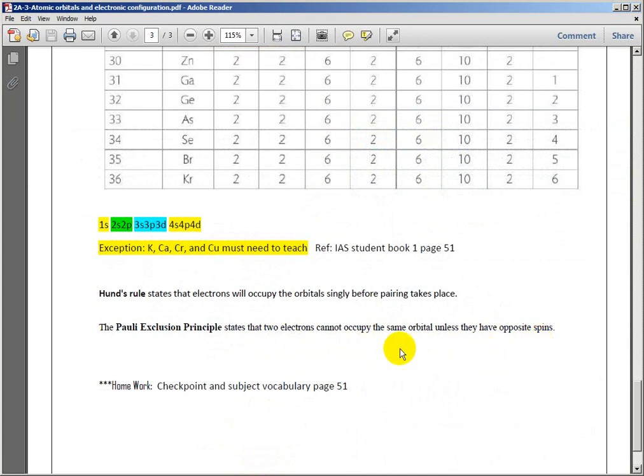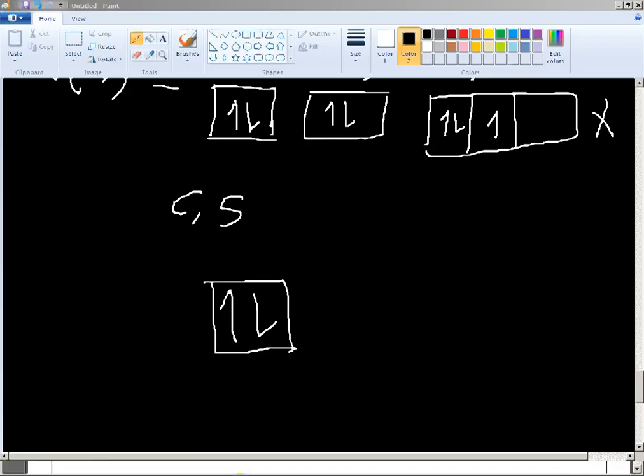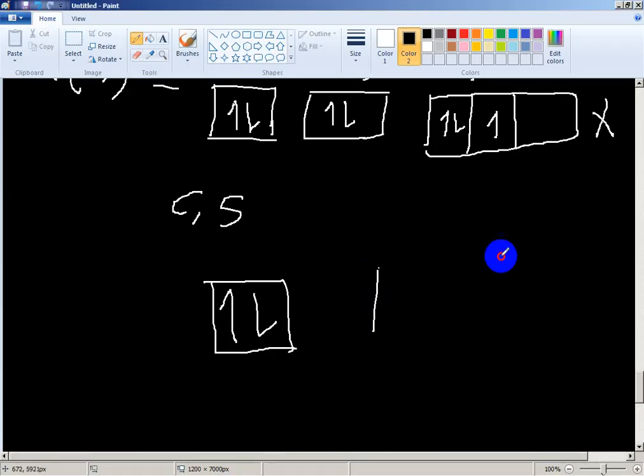Two electrons in an orbital must have opposite spins, otherwise they will not occupy. If they have the same spin, they will not occupy.